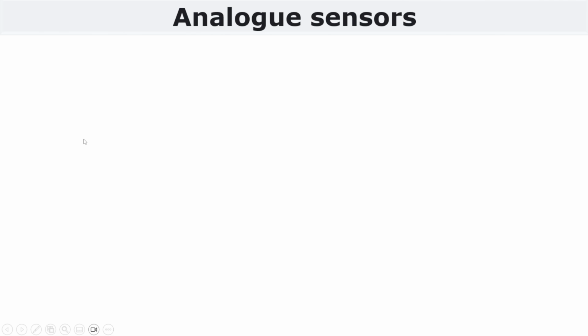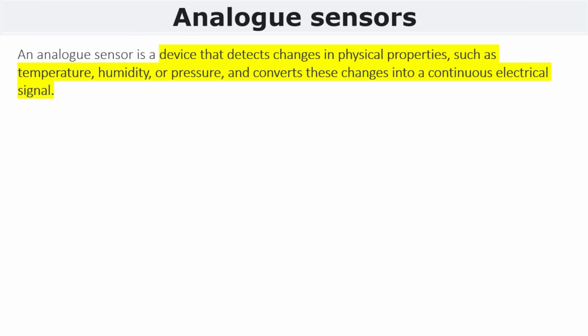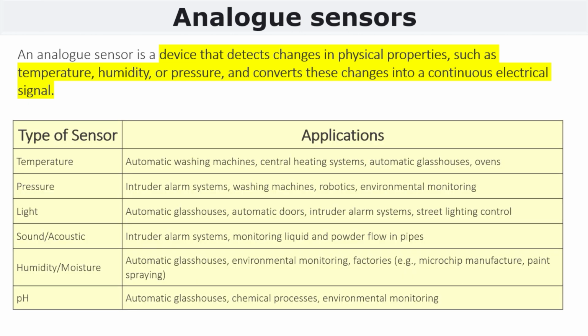Next, we have analog sensors. Analog sensors are devices that detect changes in your physical surroundings. They detect physical properties such as temperature, humidity, and pressure, and convert those changes into an electrical signal.